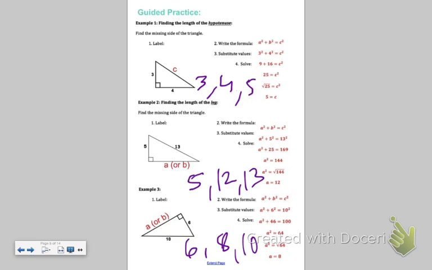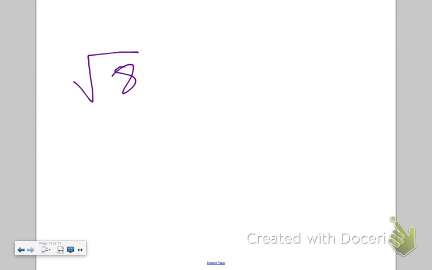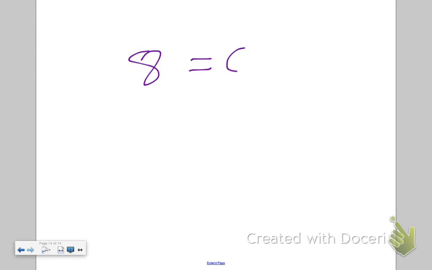Some examples will have a result that's a decimal value. One thing to take note of is that when we have a number that's not a perfect square, for example, the square root of 8, this is an exact value. So let's say we were solving for a missing side, and in our last few steps we had 8 is equal to c squared.